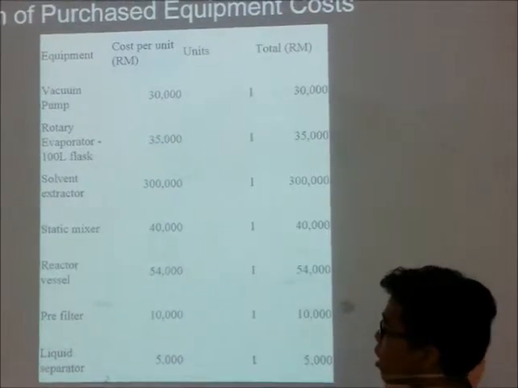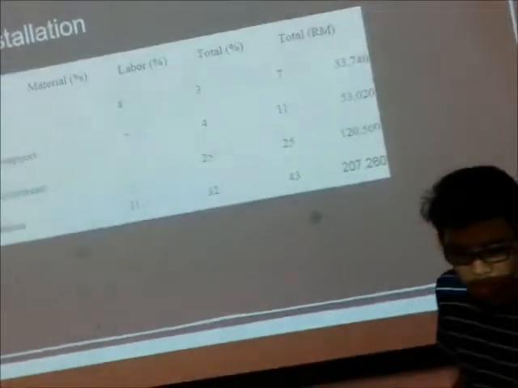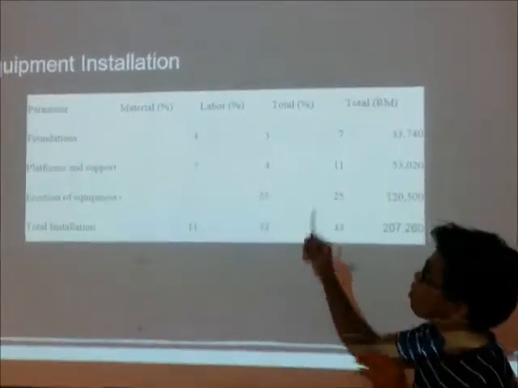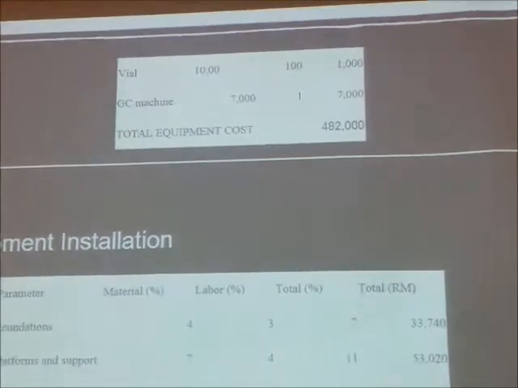So lastly is liquid separator, which is 5,000, and vial 10,000, and lastly is DC machine around 7,000.